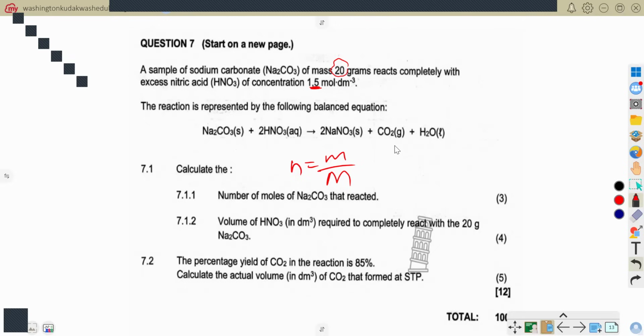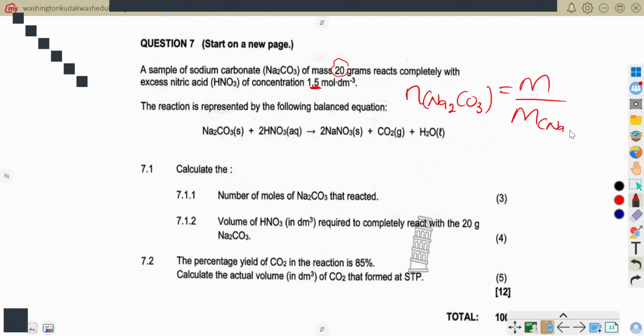Let me write this neatly. The number of moles for sodium carbonate will be equal to the mass that you are given for sodium carbonate over the molar mass for sodium carbonate.